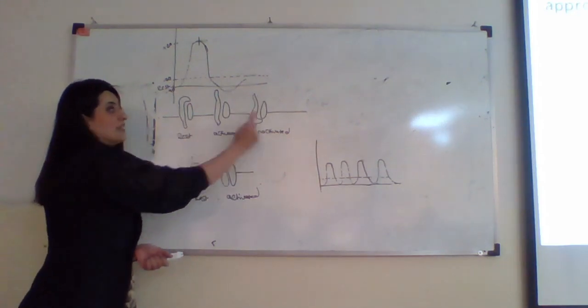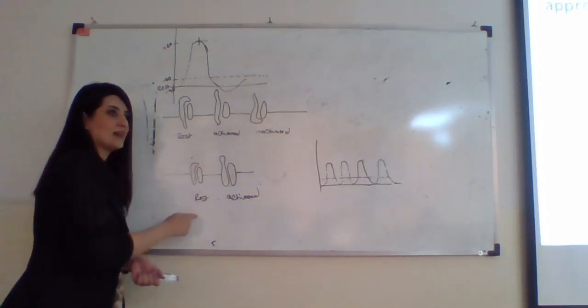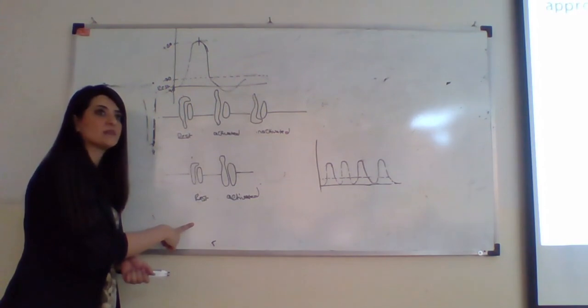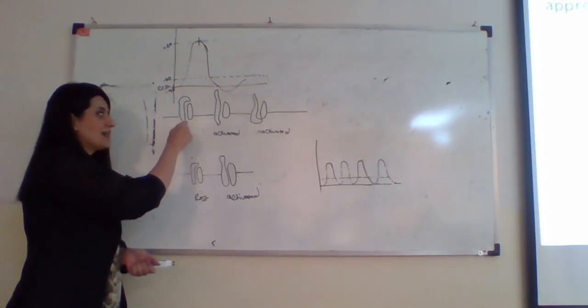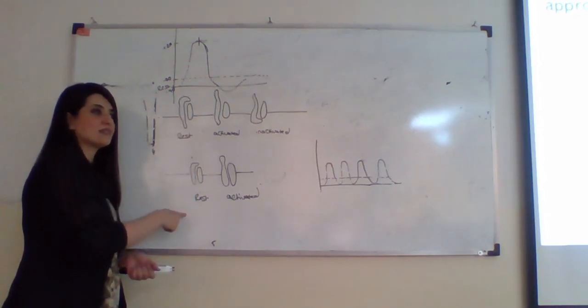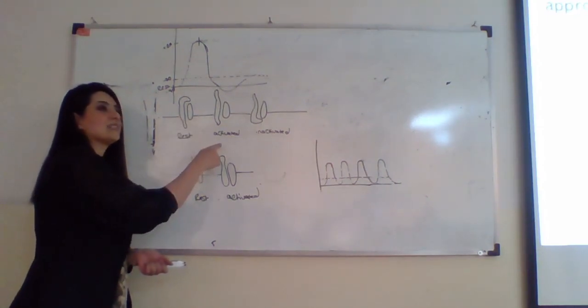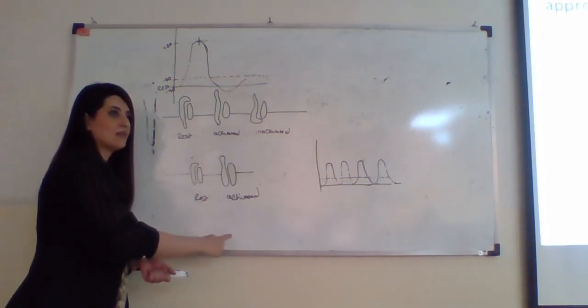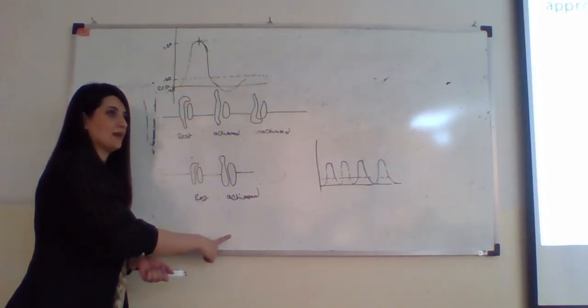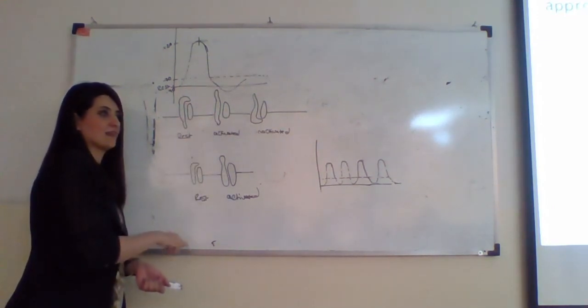The voltage gated sodium channel has three states, but the voltage gated potassium channel has only two. Both have a resting state, but sodium has an activated state and an inactivated state, whereas potassium only has an activated state. That's the main difference between them, how they interchange.